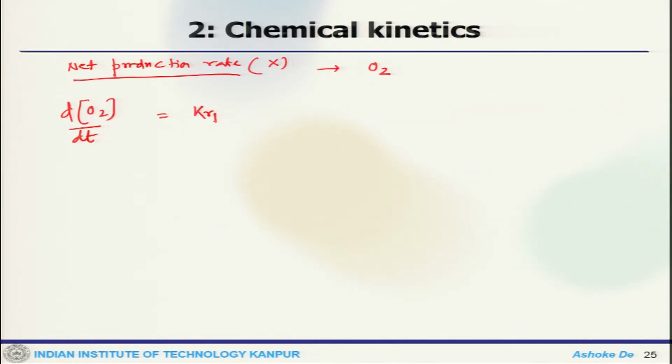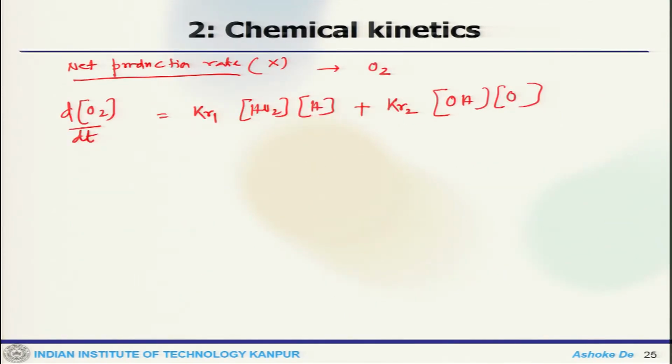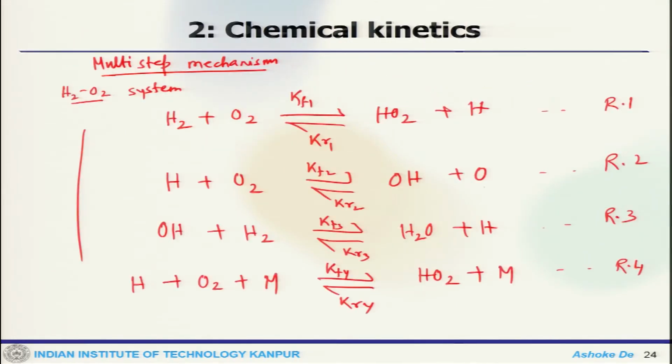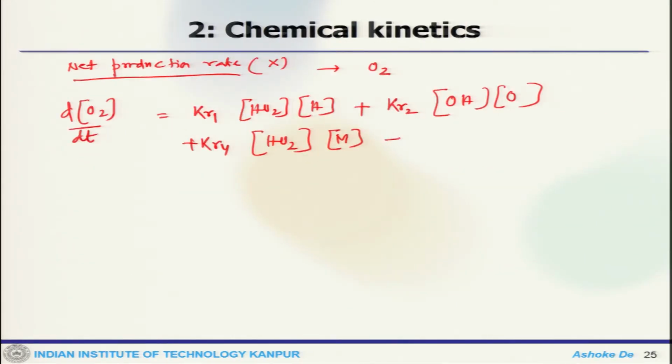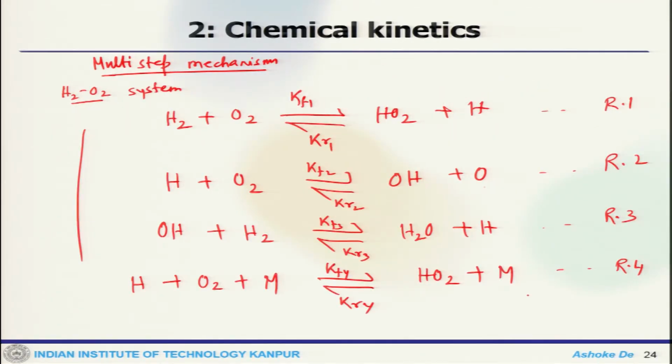In the first reaction it is KR1 HO2 H, plus KR2 OH O, plus KR4 HO2 M, where it is forming, minus KF1 H2 O2, minus KF2 H O2, minus KF4 H O2 M. So, as we said, in these reactions O2 is produced, and in the forward direction oxygen is also consumed.